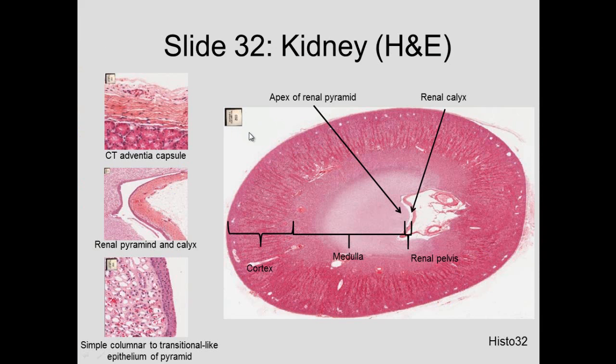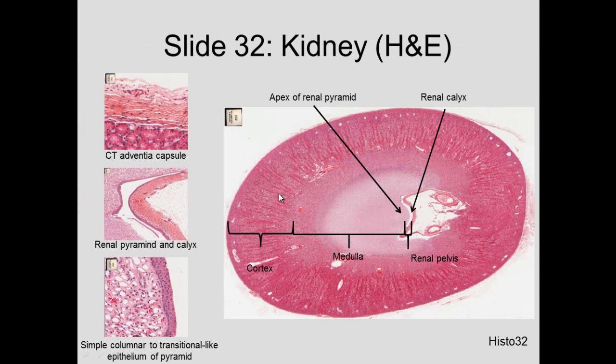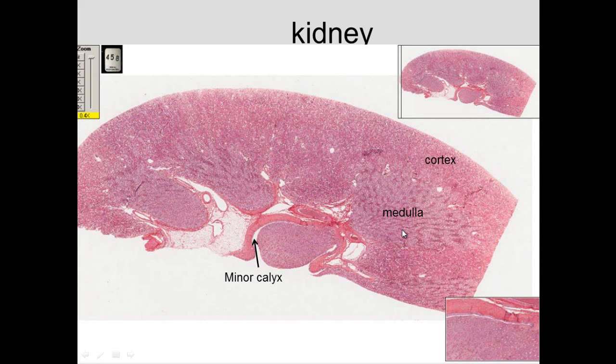And so we have the capsule, of course, around the outside, and then we have the minor calyx, where you have transitional epithelium located in through there. So the papillary ducts that we saw right here give rise to transitional epithelium.